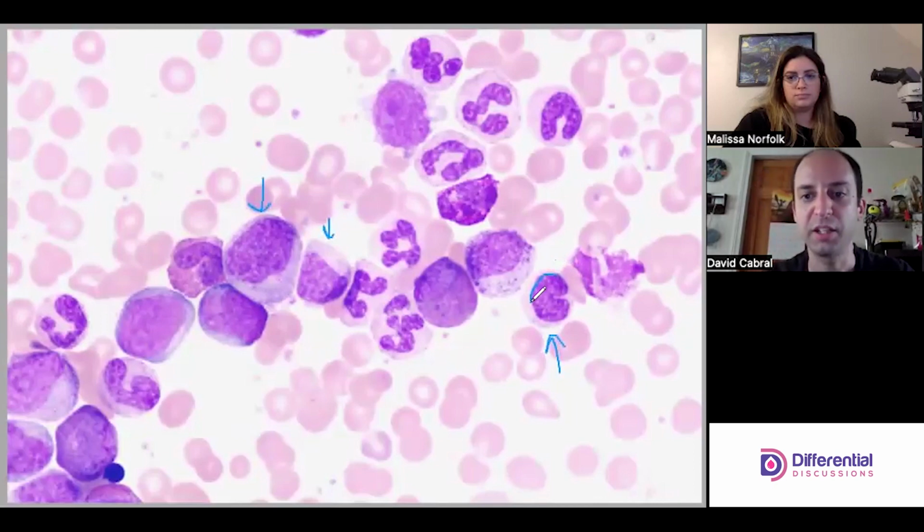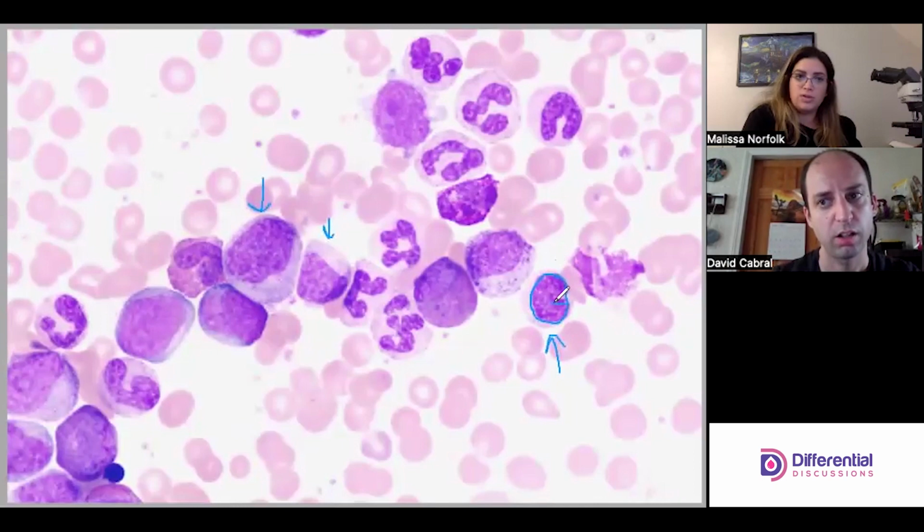So we like to measure the indent in this situation. A band should have an indent equal to its widest portion. Is that a fair way to describe it? So it should have an indent that's more than 50%.